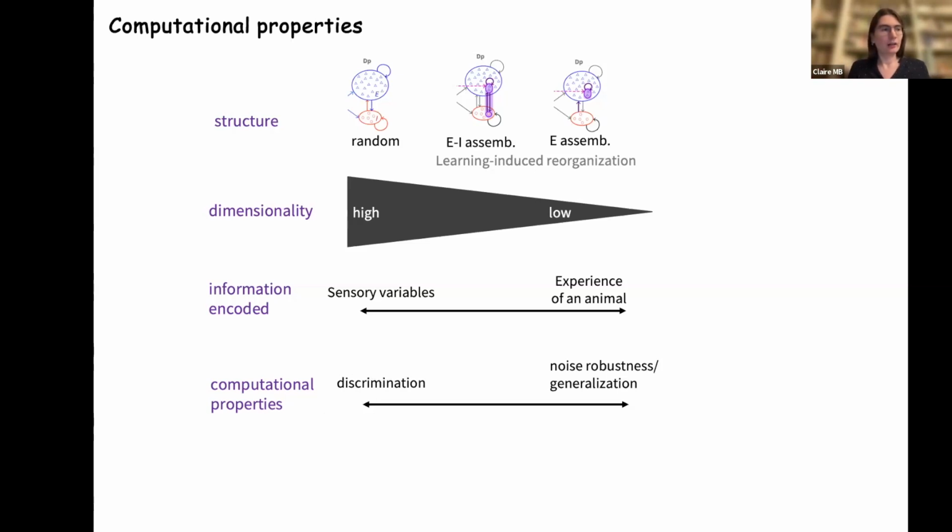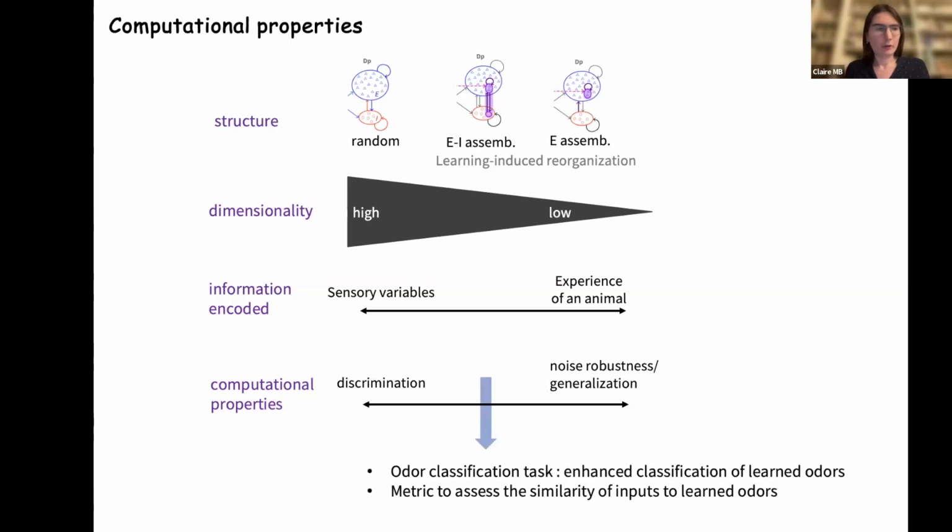If you are interested in our paper, we show a few examples. For example, we show that in an odor classification task, you have enhanced classification of learned odors, and also that these networks can provide a metric to assess the similarity of inputs to learned odors.